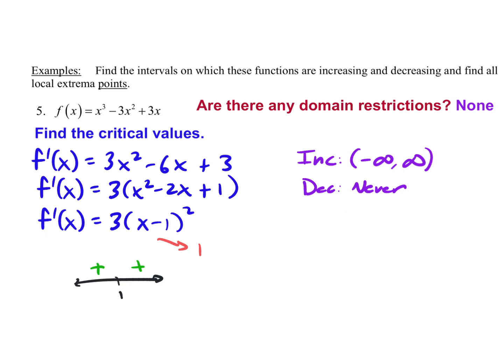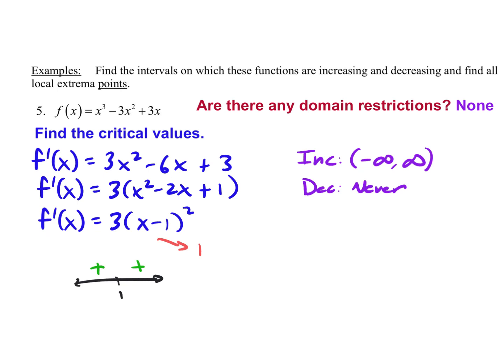So there's kind of a technicality there. And so that's why I think that is important. It doesn't decrease at 1. It doesn't actually increase at 1. But we don't want to get into the minutia of that. And so we just say it increases over the whole thing. But I do think it's important to point out that it actually never decreases. So, yes, I would like you to write that. All right.